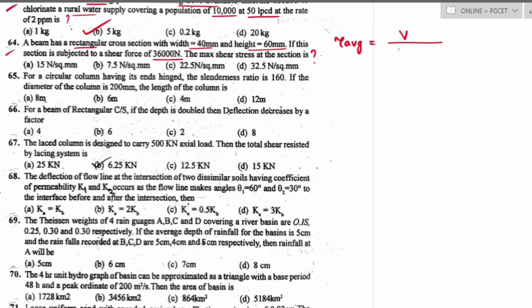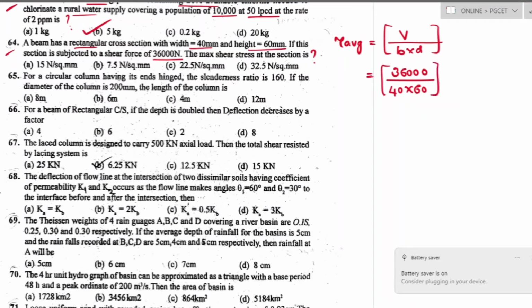For a rectangular cross section, the area is B into D. So total shear force is 36,000 Newton and area is 40 into 60. If you calculate this, you will get the average shear stress is around 15 Newton per mm square.